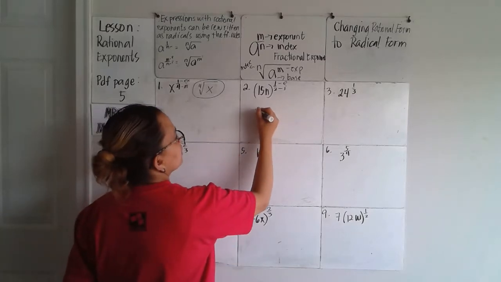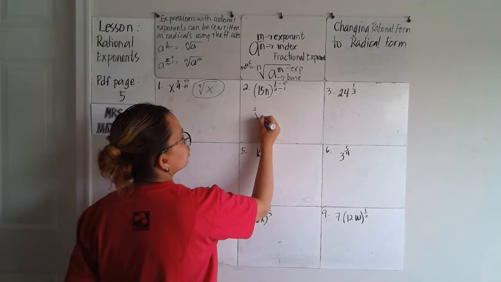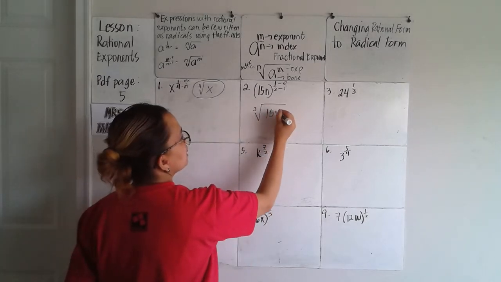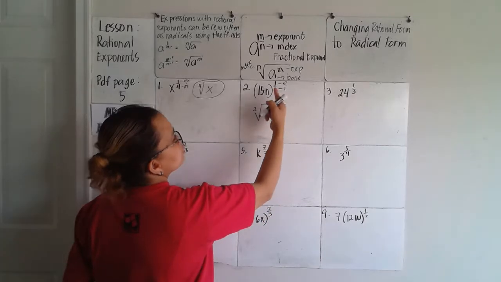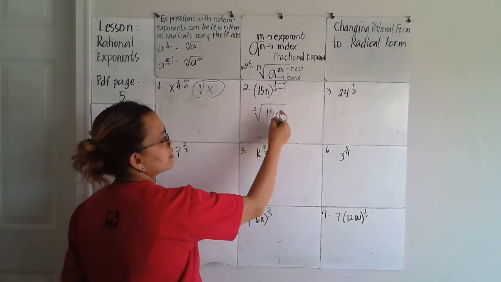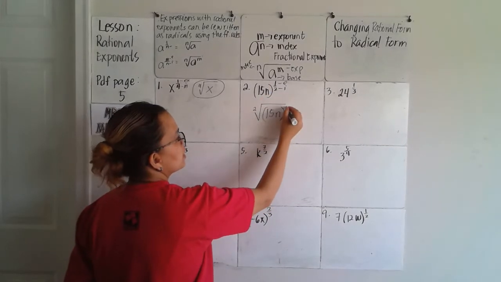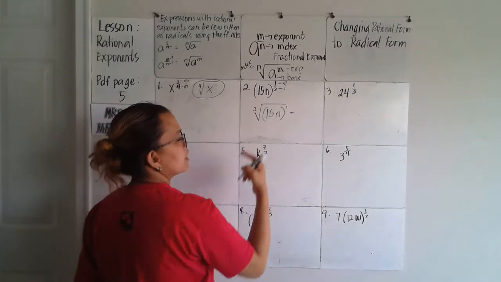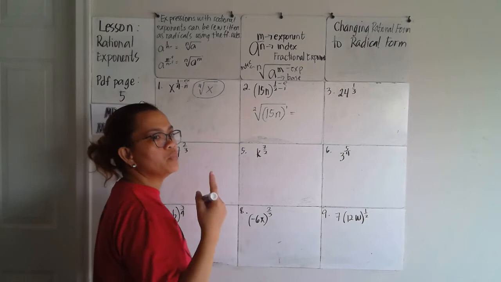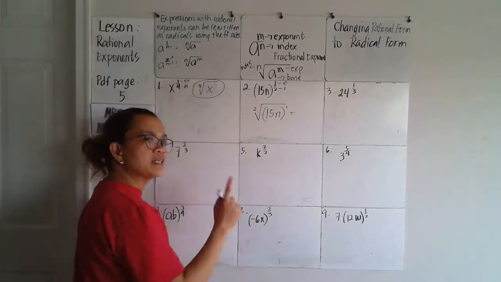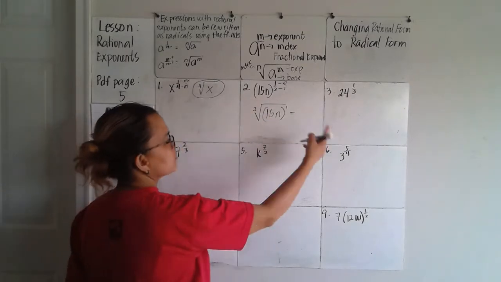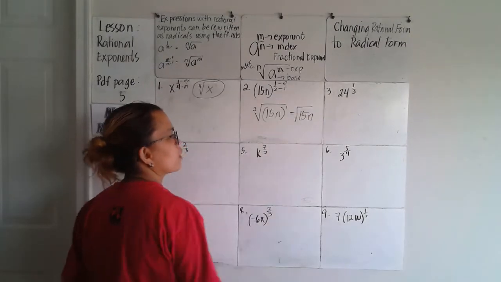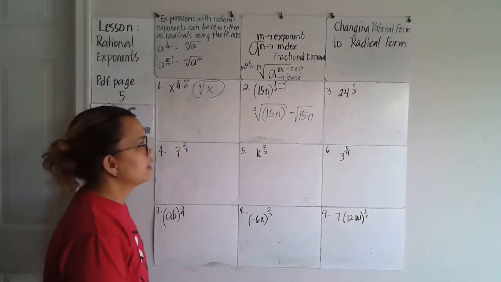So you're going to have 2, which is your index, that means outside, and then 15n. So do I need to write it as an exponent? You may if you want, but for the final answer, 1 as an exponent will be invisible and 2 as an index will be invisible. So the final answer is the square root of 15, and that's it.